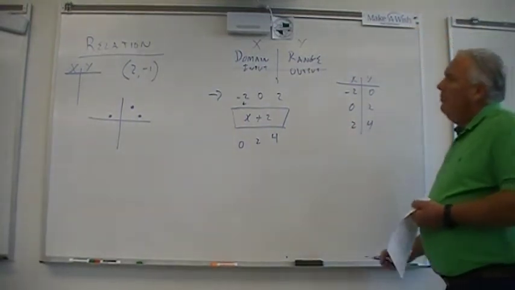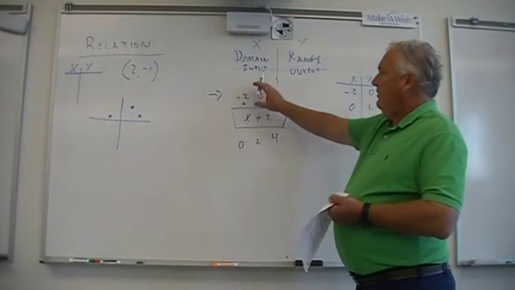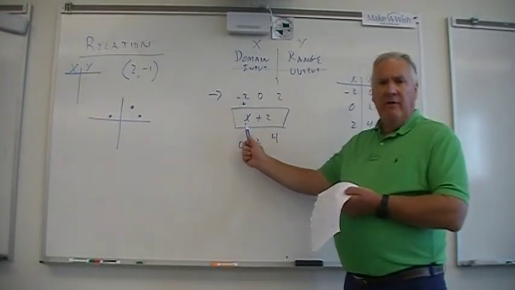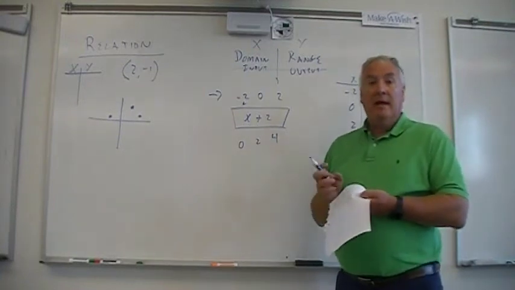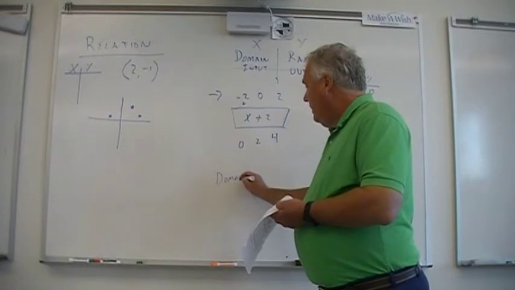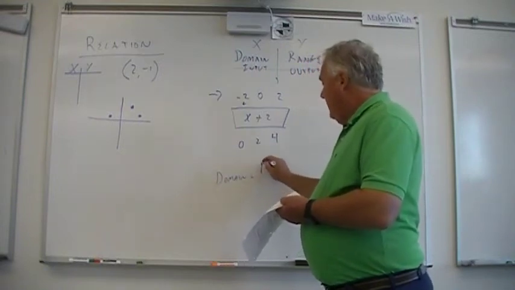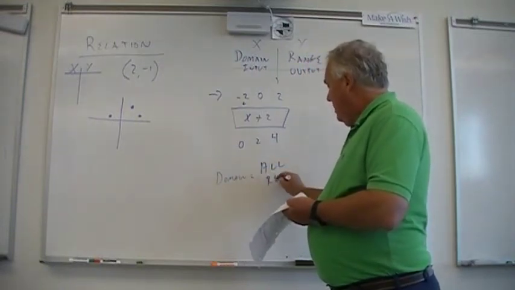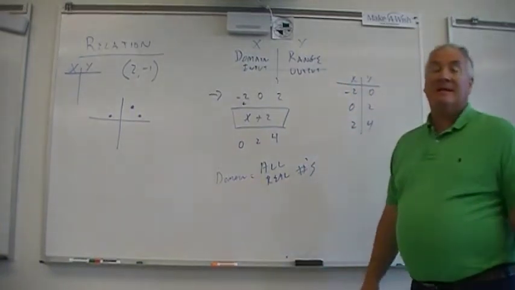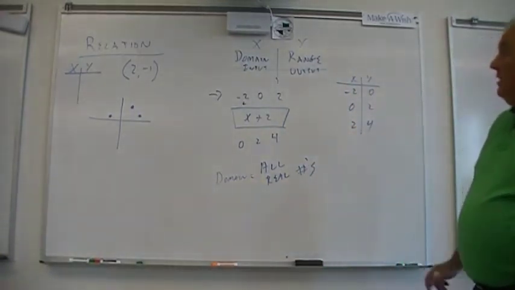So when we think about domain, can I put any number into this function? And the answer is yes. So when we talk about domain, it's going to be all real numbers, because anything can go in. You can put anything in.